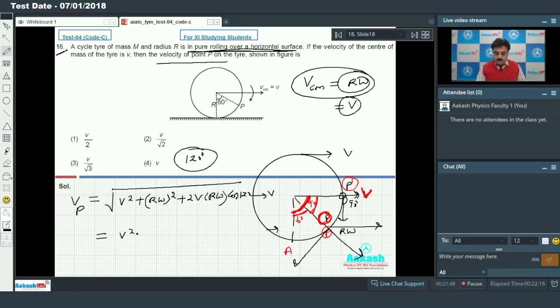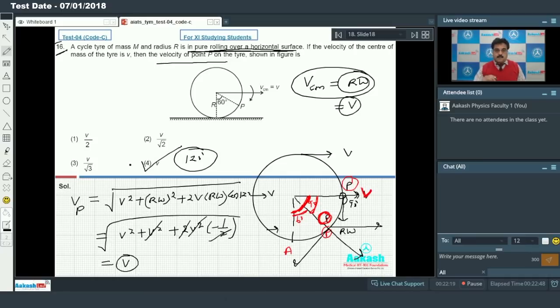So when you solve, v square plus v square plus 2 v square, and the value of cos 120, that is cos of 90 plus 30, will give you minus sin 30, so that is minus 1 by 2. The 2 will cancel, and minus v square plus v square will cancel out. So I have only v. So this is the velocity of point P on the tire shown in the figure. On that basis we can say option number 4 is correct.